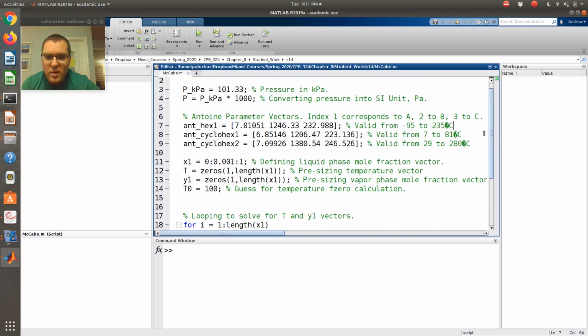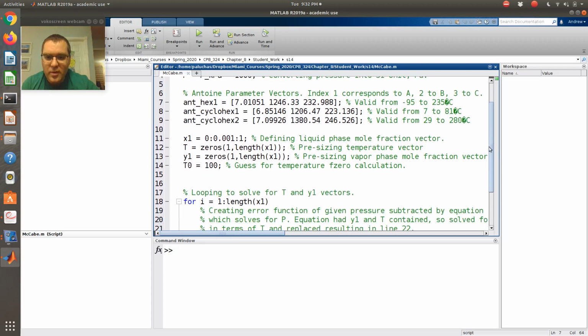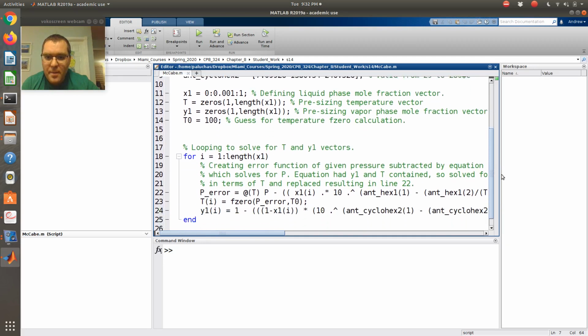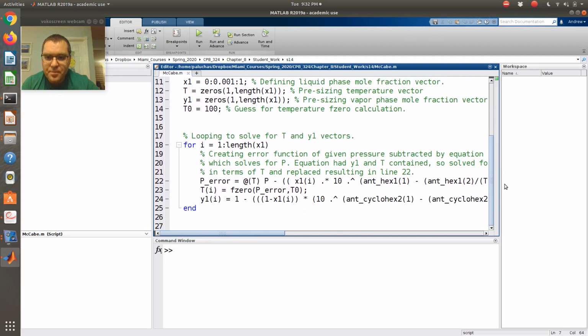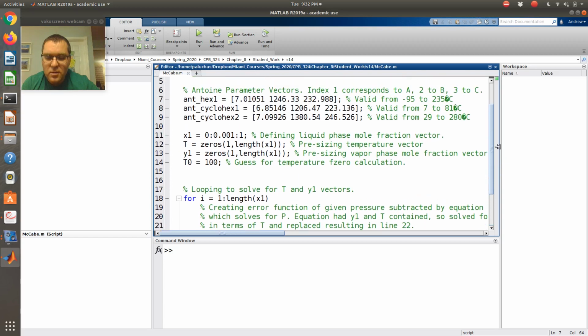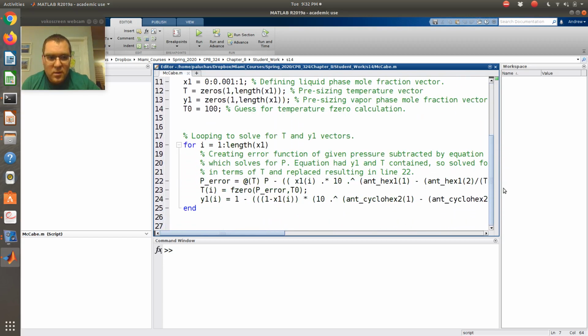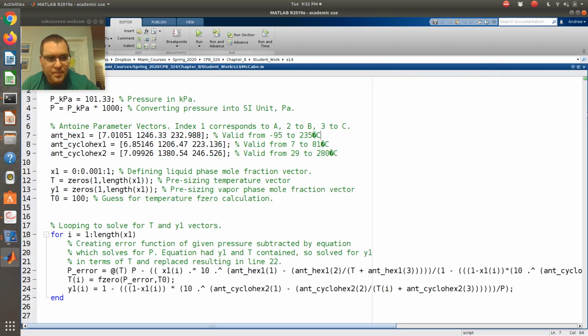And we have an initial guess of temperature for the fzero calculations. Okay. Now let's loop to solve for T and y1. All right, so let's make this bigger as we try and figure out what we have going on here.